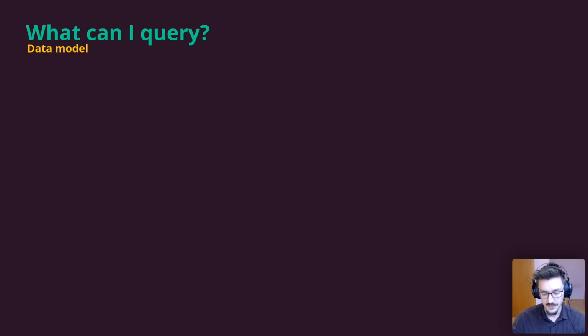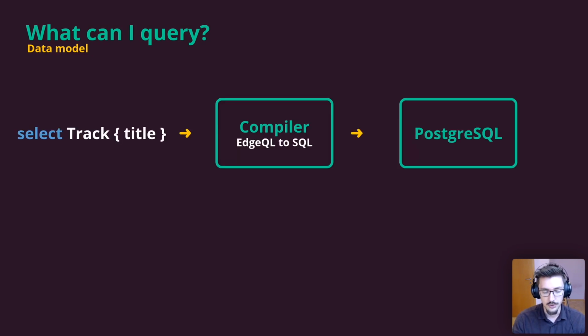If you've seen our 1.0 talk about how EdgeDB works, you've probably seen a diagram that looks like this. At the beginning, here is the EdgeQL query that comes to our server and is compiled from EdgeQL to SQL. And this SQL is then passed to the Postgres instance that runs underneath the EdgeDB server. The naive approach here would be to just say, okay, expose this Postgres instance and just allow users to connect to that. The problem here is that it contains machine-generated schema names and column names and table names, and it's not really human-friendly.